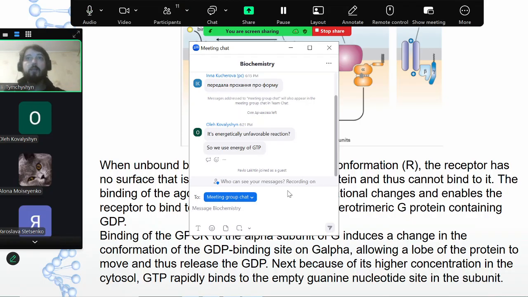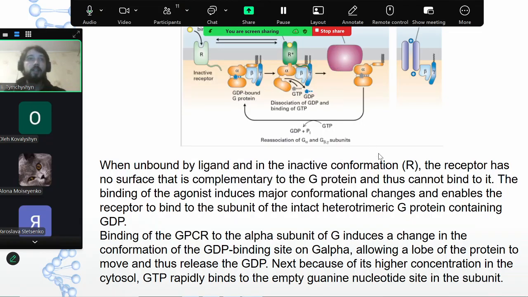So that's the main reason. You are setting some sort of timer into that G alpha subunit, and you know that after some time passes, it will eventually turn off. And that's really good, because you don't want your pathway to be indefinitely activated.